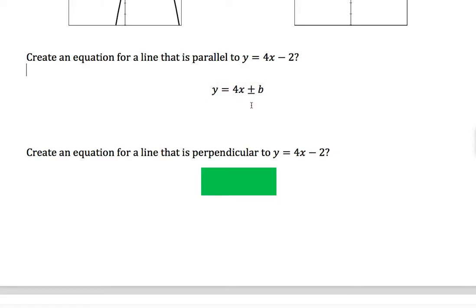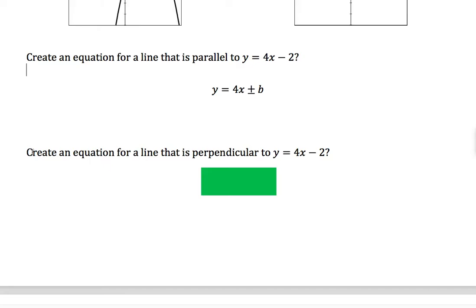It can be a negative or a positive. It can even have the same y-intercept sometimes. It will, not very often, but sometimes. As long as it has the same slope, then we have parallel lines. Actually, for parallel lines, you should not have the same y-intercept unless they're right on top of each other.